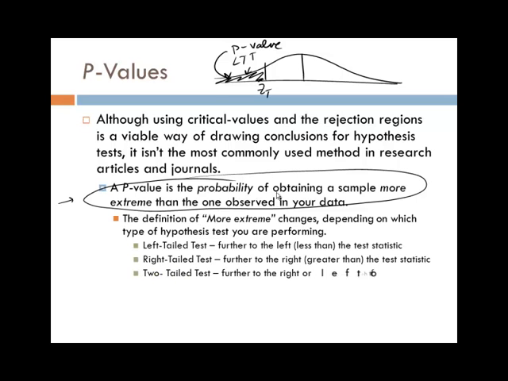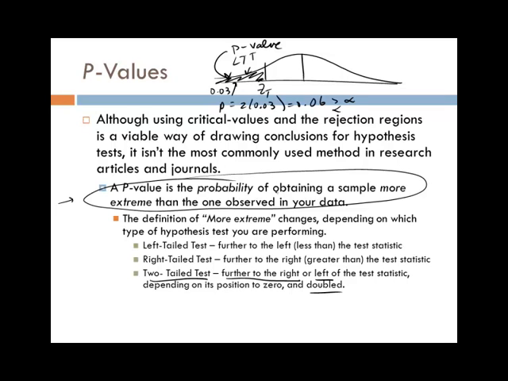If it's a two-tailed test, then we take the area to the right or the left of the test statistic, depending on the position of 0, and then we double that value. So if this was 3%, then the p-value would be double that, which is 6%. And we'd have to compare that with alpha. Is it greater than alpha? Is it less than or equal to alpha?